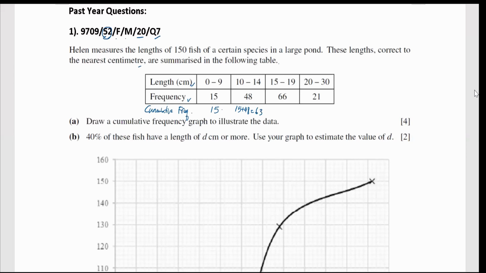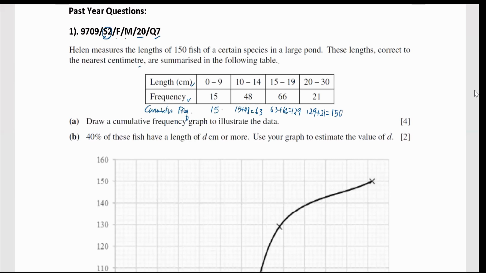Then we are looking at 19 cm and below. So we take 63 plus 66, and altogether we have 129 fish. For the last interval, 20 to 30, we are looking for 30 cm and below, total how many fish are there? 129 plus 21, and altogether 150.